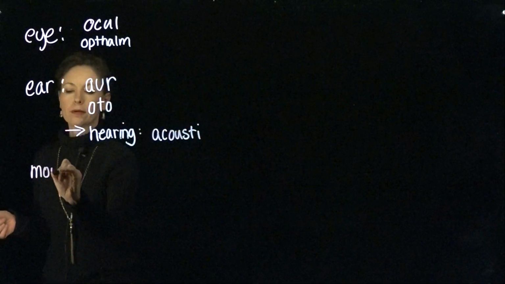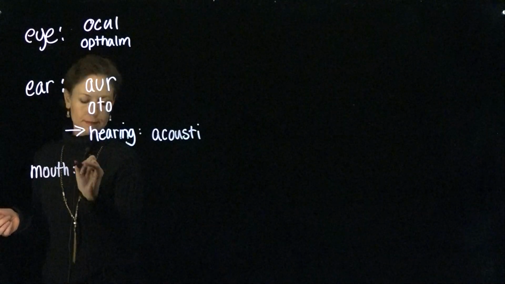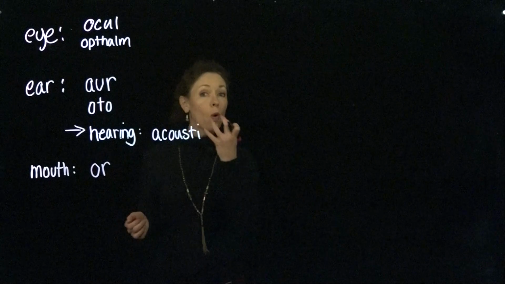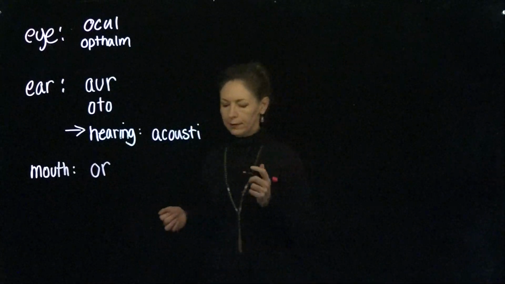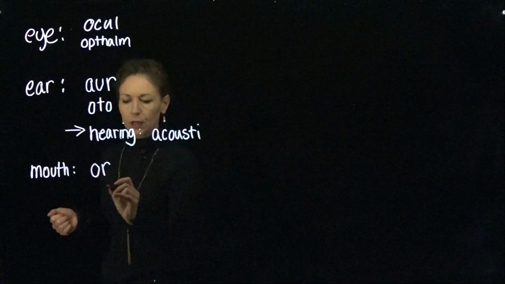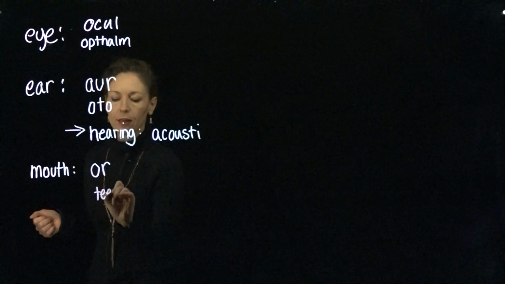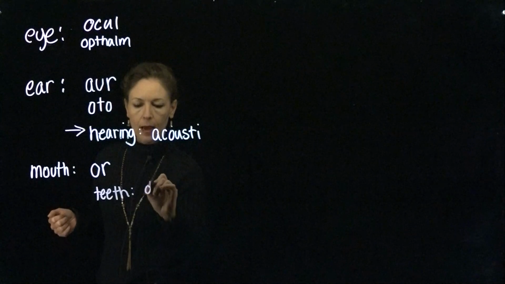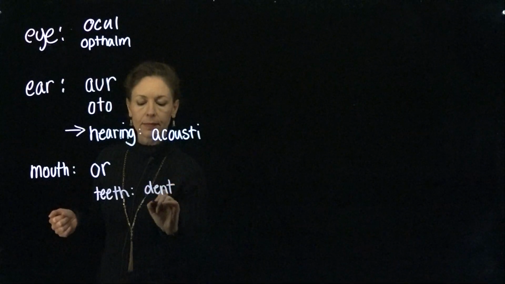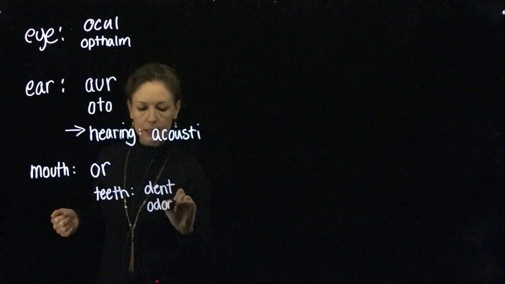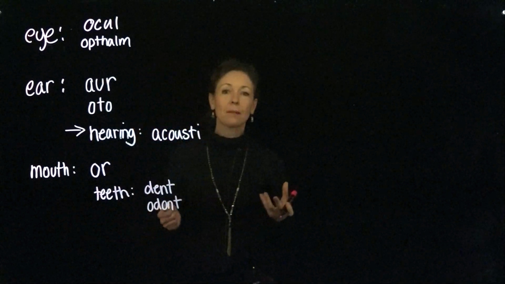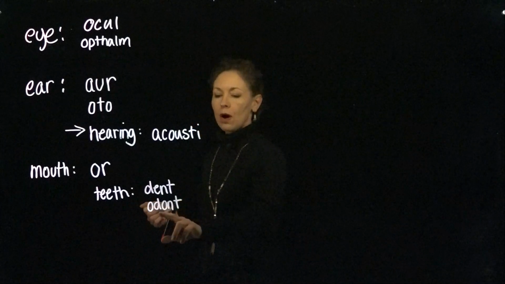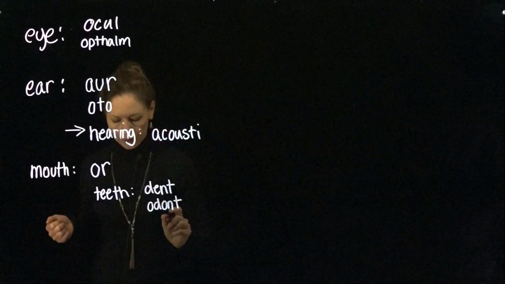With our mouth, know the root or, as in oral. Within your mouth are teeth, and you'll have dent and odont. So for example, the dentist takes care of your teeth. Odont, teeth.